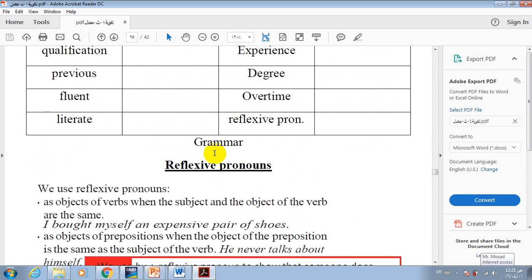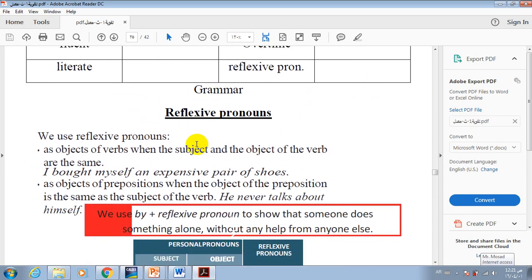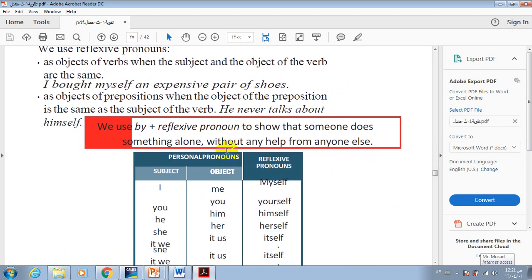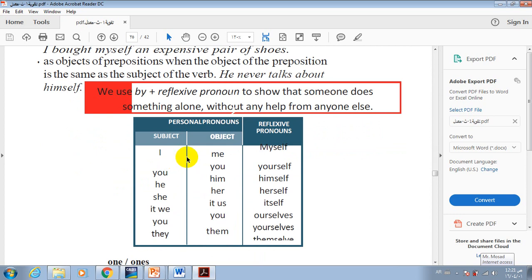Our grammar today is about reflexive pronouns. What are reflexive pronouns at first? Like you see in this table, this is subject pronouns, and this is object pronouns, and this is the reflexive pronouns.